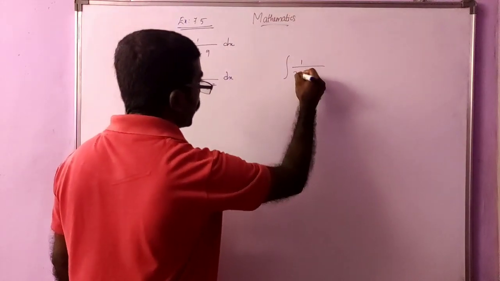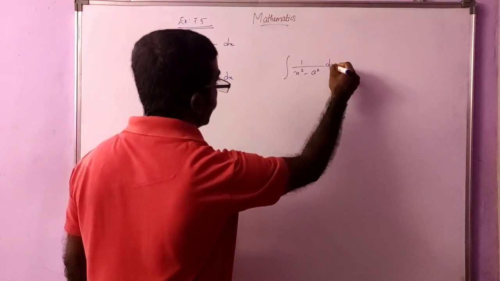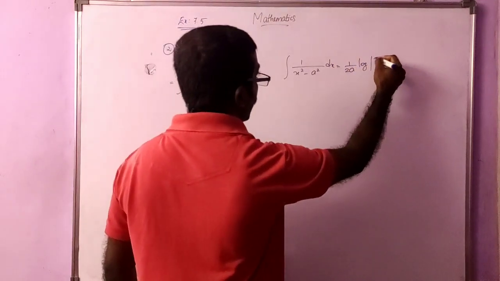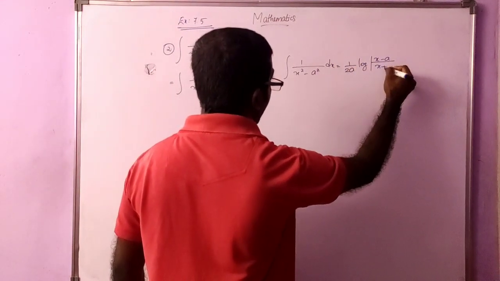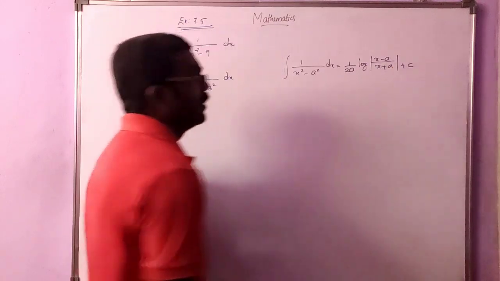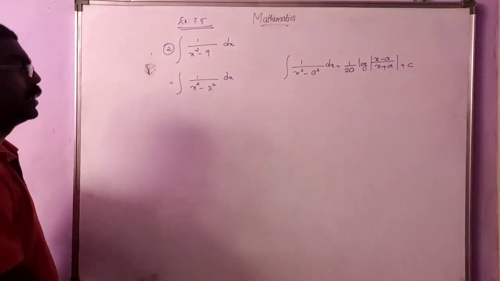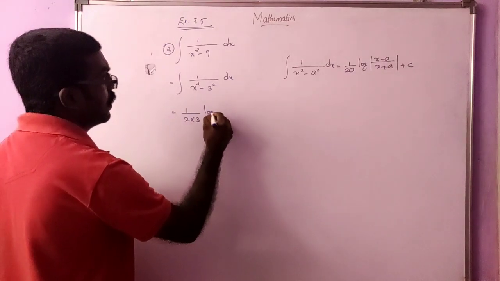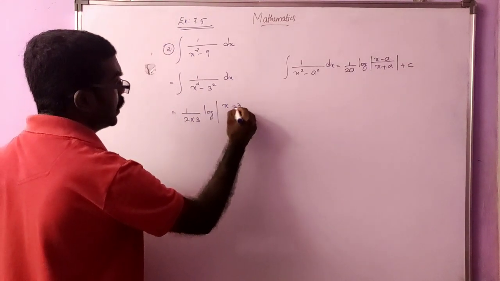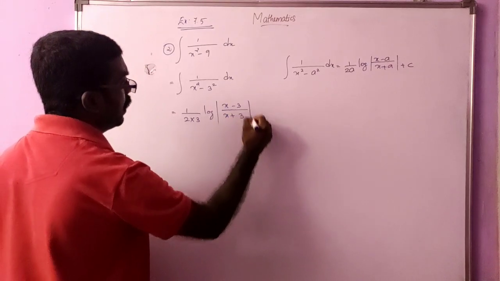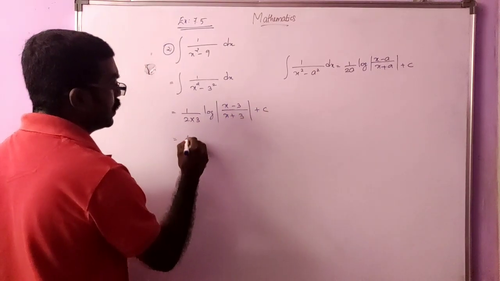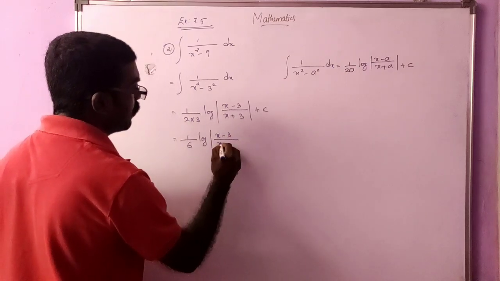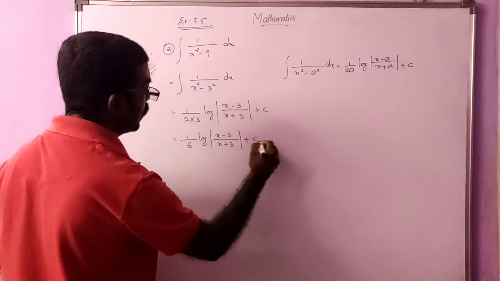Integral 1 by x square minus a square dx is equal to 1 by 2a log mod x minus a divided by x plus a plus c. By using this, here we can write 1 by 2 into 3, log mod x minus 3 divided by x plus 3 plus c. That is 1 by 6 log mod x minus 3 divided by x plus 3 plus c.